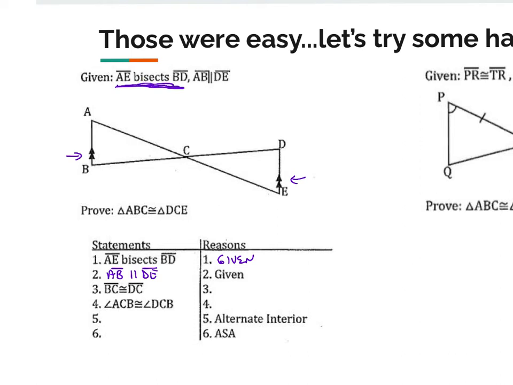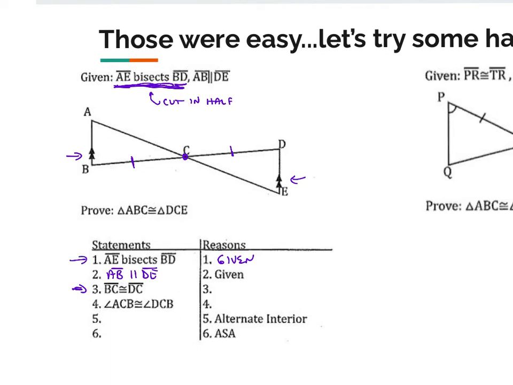What does it mean to bisect? Bisect means cut in half, right? But now relook at the statement. The statement says AE bisects BD. So what gets cut in half? Well, BD gets cut in half. So my next statement, BC is congruent to DC. That's a direct result of this first given statement.